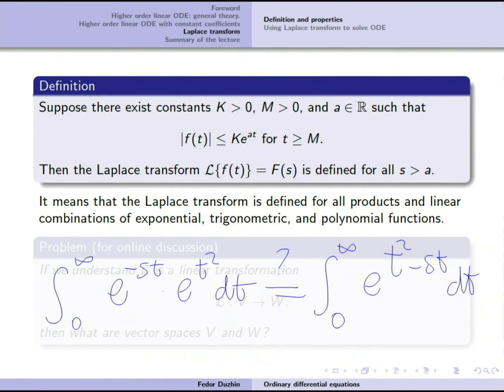So since this integral diverges, the Laplace transform is undefined for any value of s, right? So there doesn't exist a Laplace transform of this function.